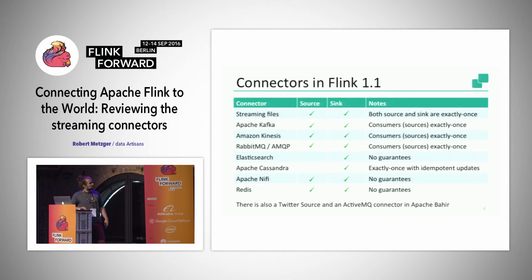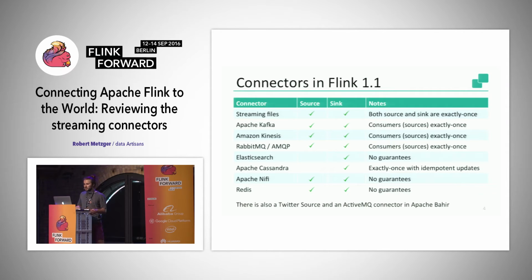Then let's move on to a class of systems for which we only provide sinks. These are Elasticsearch and Apache Cassandra. The rough idea of them is that they're key value stores, and Flink can write to them, but for Elasticsearch, we provide no guarantees with respect to whether the data gets there or if we do duplicate writes.